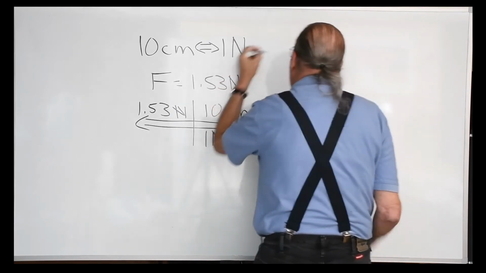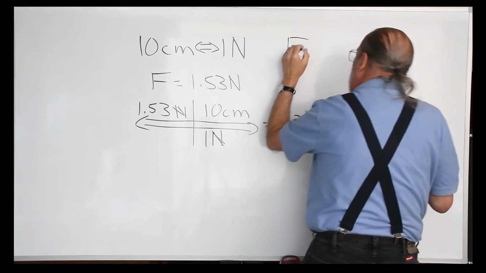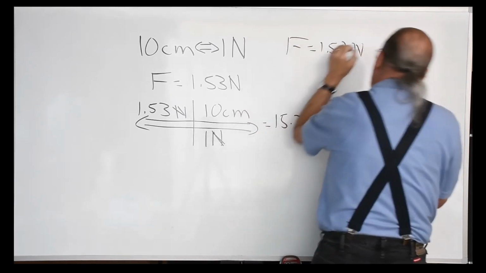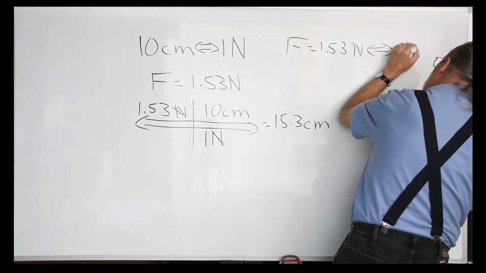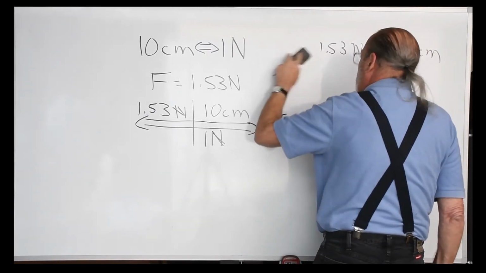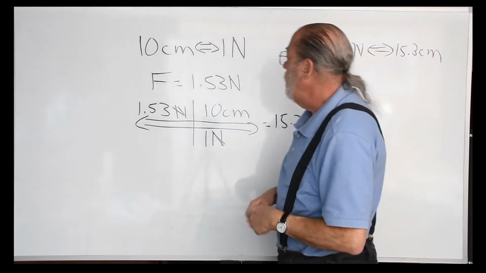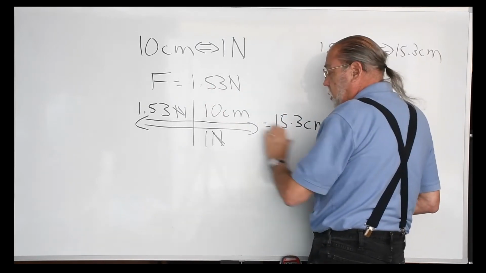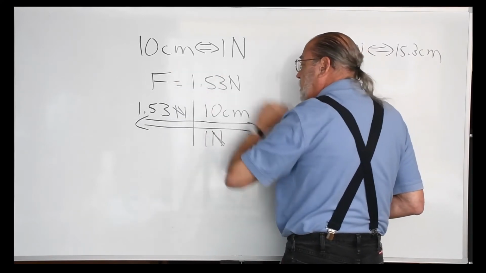So we can say that a force of 1.53 newtons is represented by 15.3 centimeters. And so we can write it like that. So to go from the force over to a distance, we use dimensional analysis, but with this new sign, and we use this conversion.